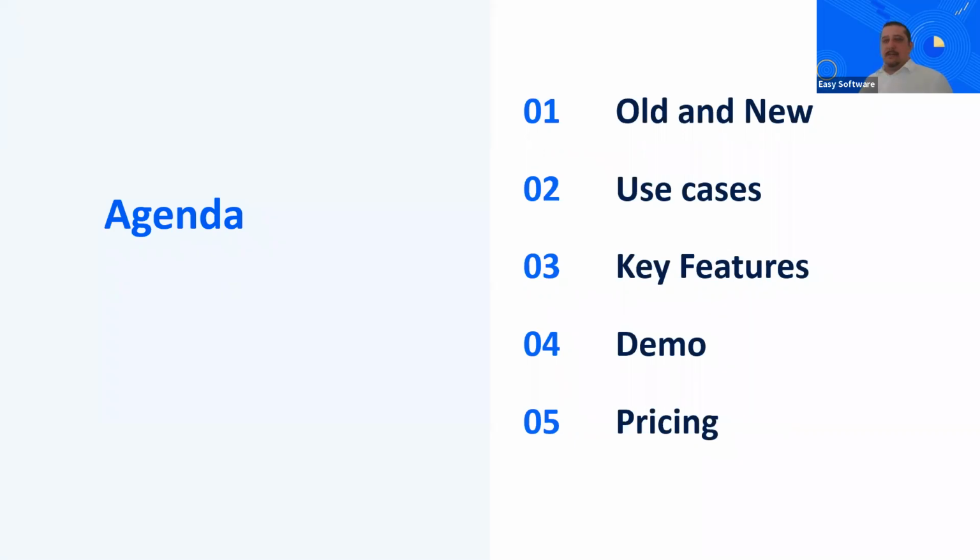Then I will tell you a little bit why we are doing this, explain the main features. Then I will be showing you the knowledge base. I will be focusing predominantly on integration between Easy Redmine, Easy Project, and the new knowledge base. And at the end, I will tell you the details about the pricing and delivery options.